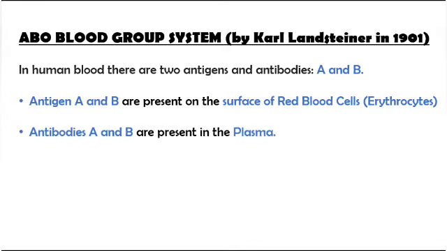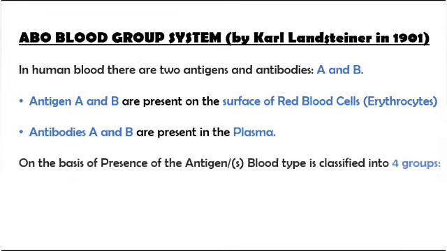And there will be opposite antibodies present in the plasma. This we'll discuss later, how in case of blood transfusion these antibodies and antigens play their roles. So for now, just keep in mind that the antigens are present on the surface of the RBC and the antibodies are present in the plasma.